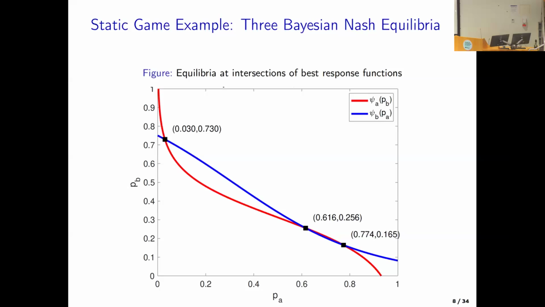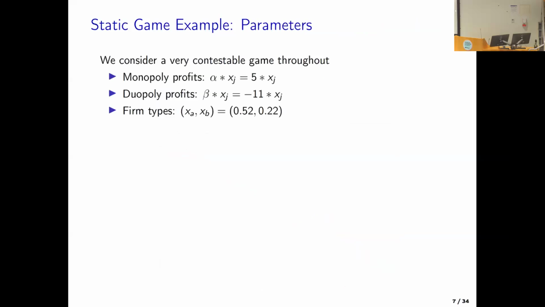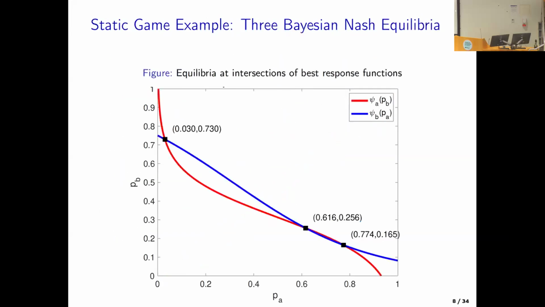So let's take the best response of firm A as a function of the probability of firm B. Then you have PA on the x-axis. That's the blue one. You see the probability of firm B serving the market is declining in the probability of firm A being present.